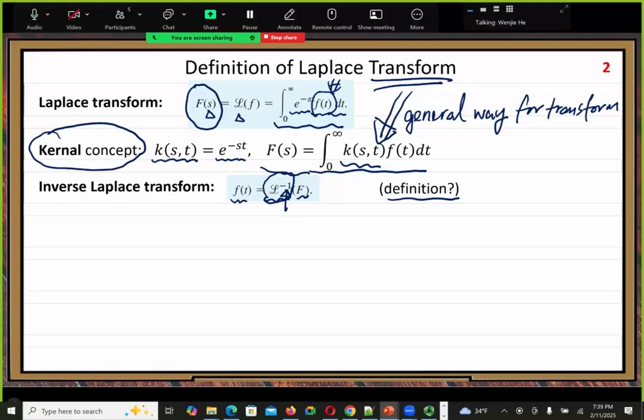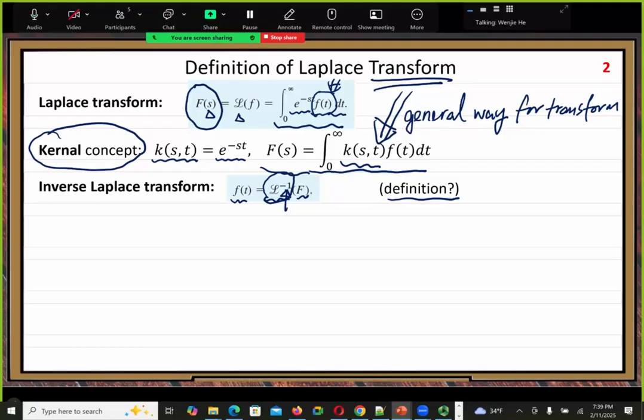Then the inverse transform can be found from the Laplace transform, because the inverse transform is just the opposite way. So how do we get the inverse transform? We get it from the original Laplace transform.